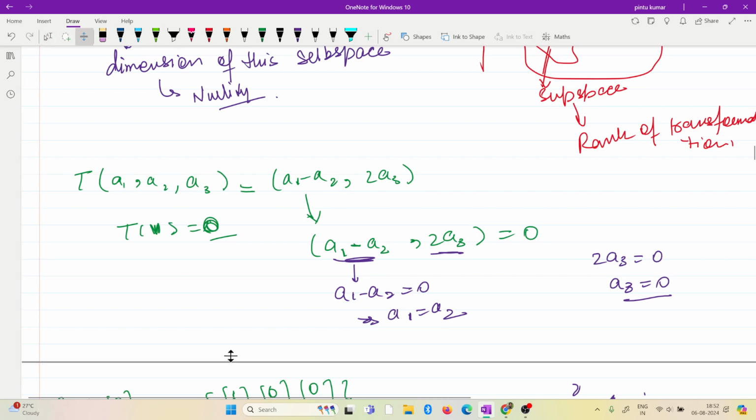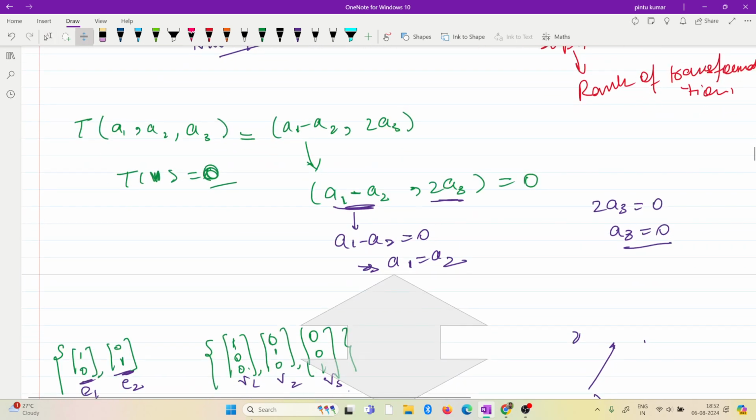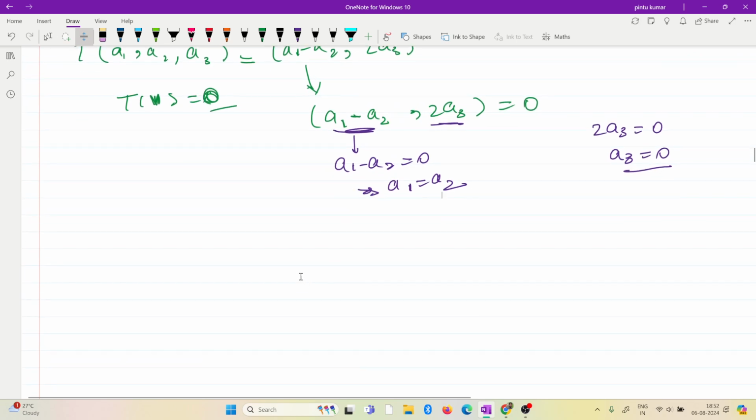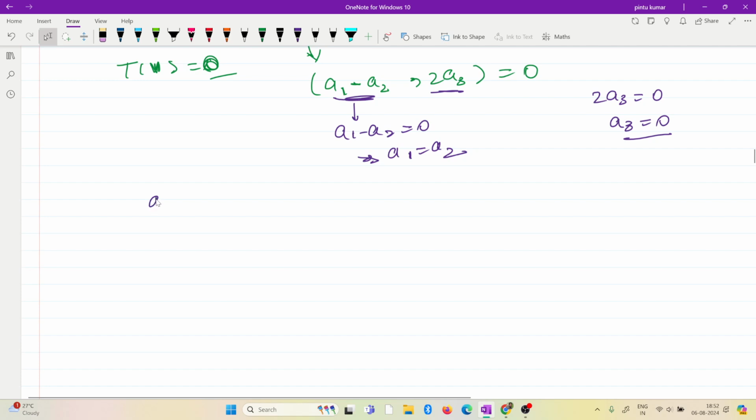So what condition did we get? The condition that we got is that A1 is equal to A2 and A3 is equal to 0.